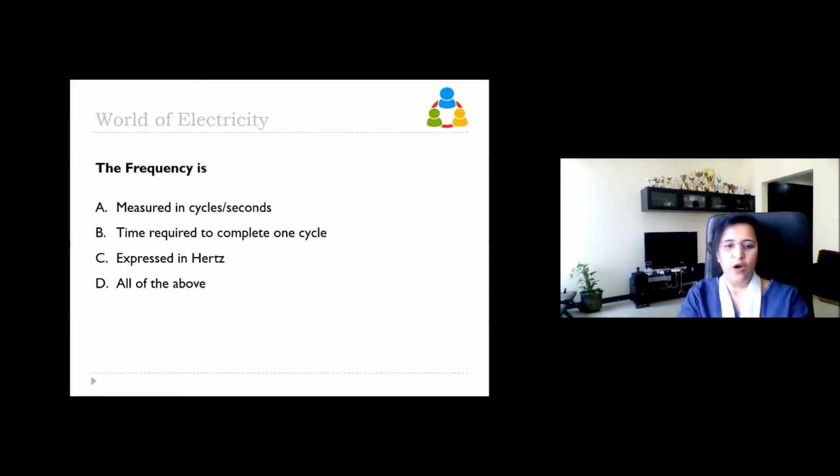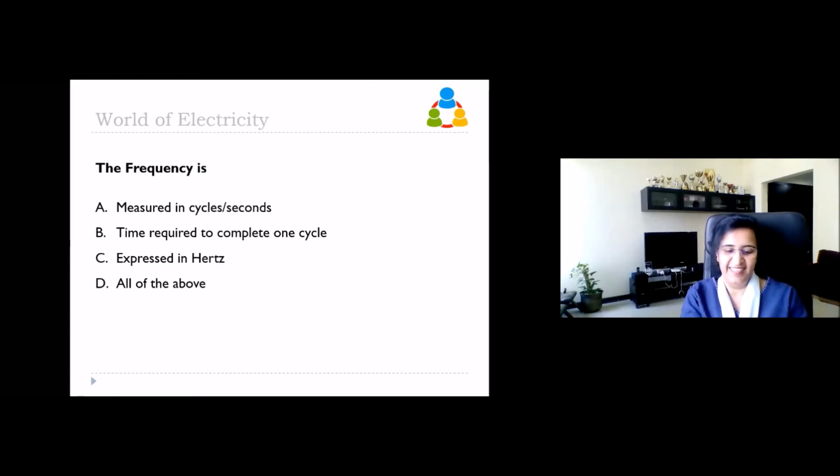Okay. Now, how is frequency measured? It's measured in cycles per second, time required to complete one cycle, expressed in hertz, or all of the above.